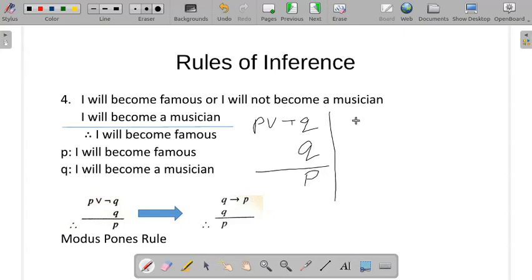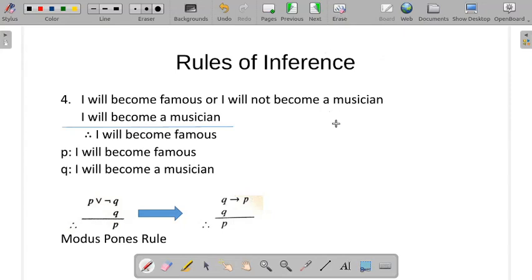P or negation Q we can write as negation Q or P, since the commutative property holds and they are logically equivalent. According to the result we wrote previously, negation Q or P is equivalent to Q conditional P.